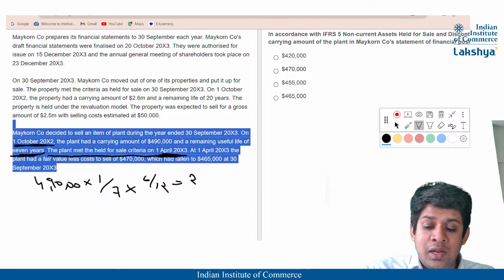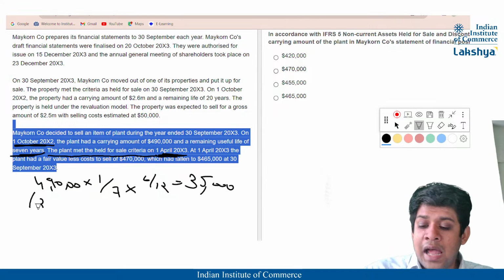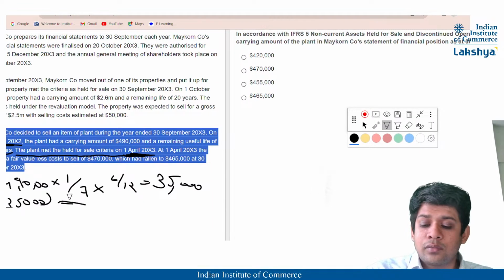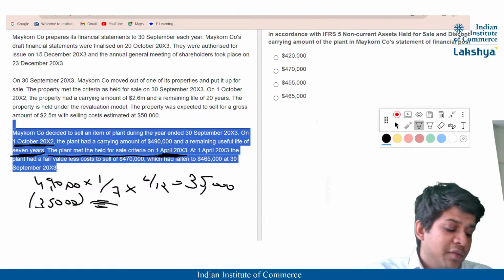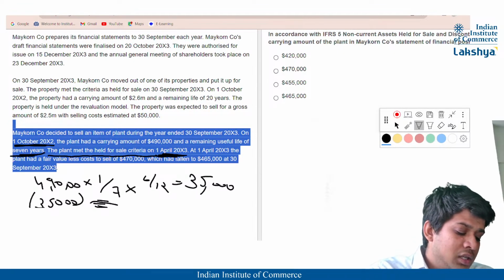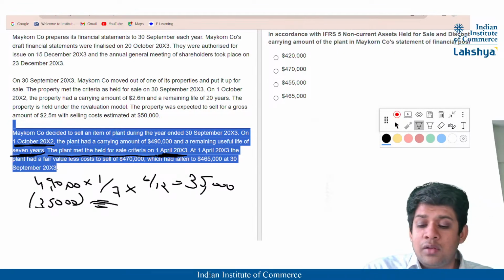The depreciation will be 35,000. Thus, the carrying value of it will be 35,000 subtracted from 4,90,000, which will be 4,90,000 minus 35,000, which is going to be 4,55,000.